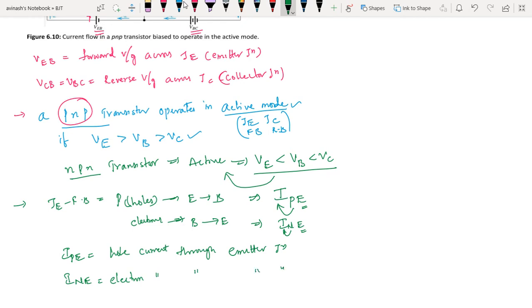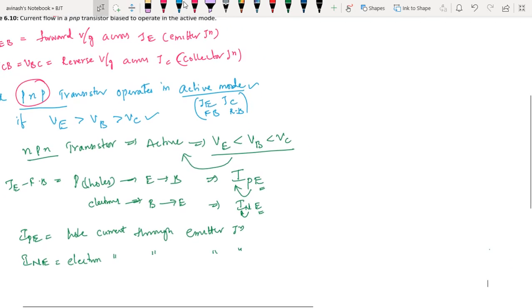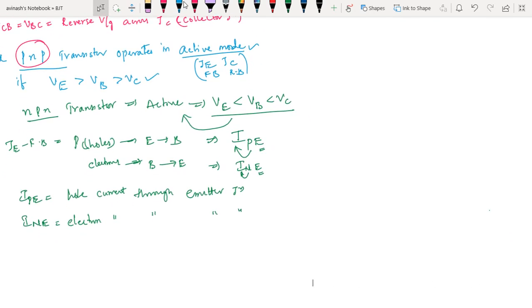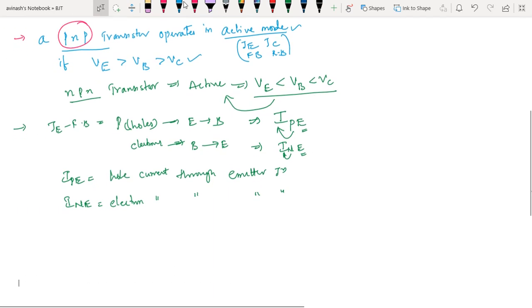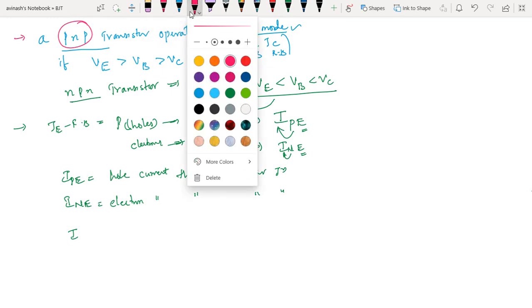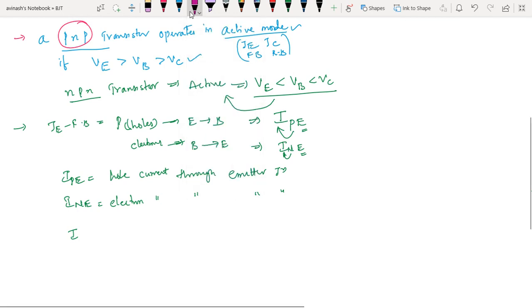Now what is the total current? Total current is IE. IE, the total emitter current, is equal to the summation of hole current through emitter junction and electron current through emitter junction, that is IPE plus INE.